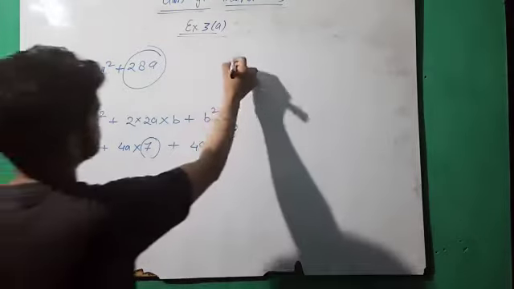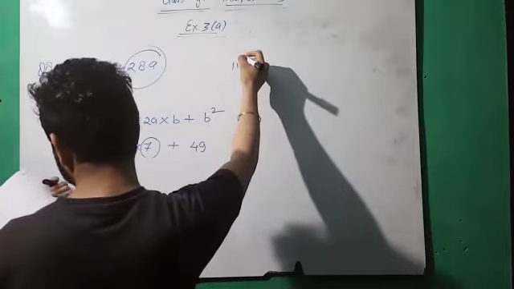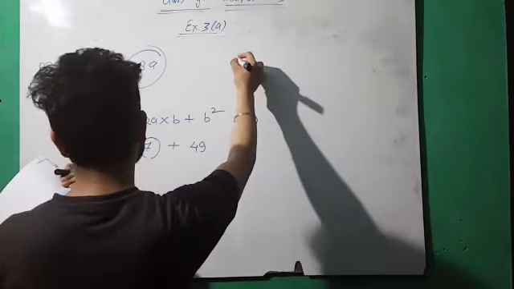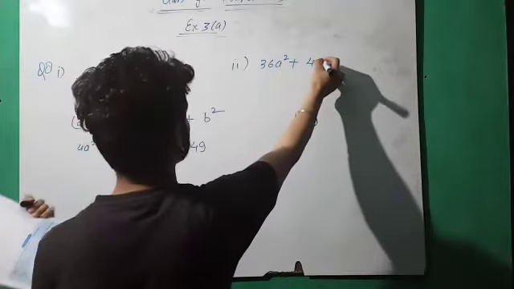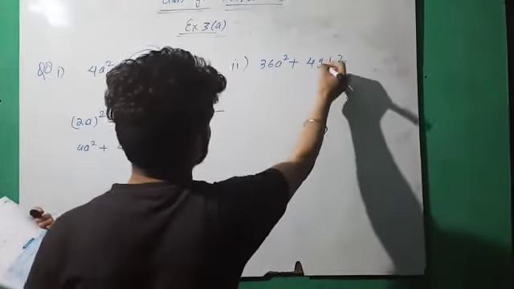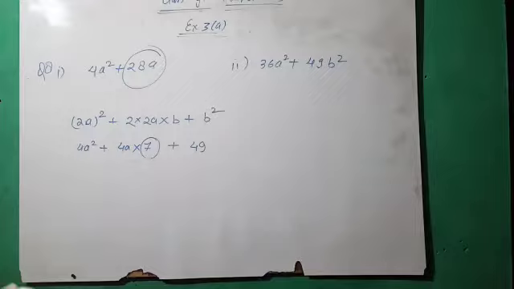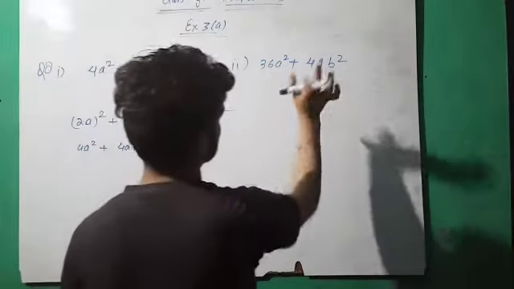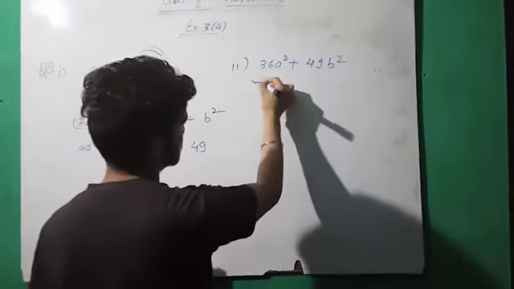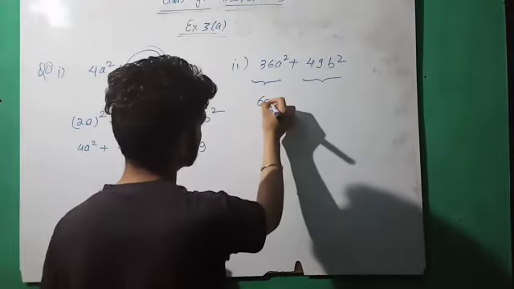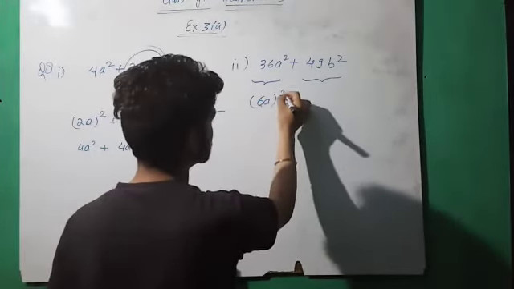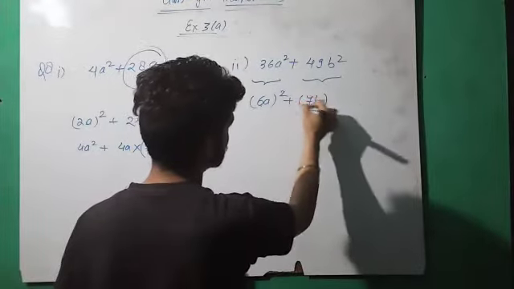Now second part. In the second part we have 36a square plus 49b square. In this part we have a square and b square, both the terms. Like this is a square and this is b square. So a square is written as 6a whole square plus 7b whole square.